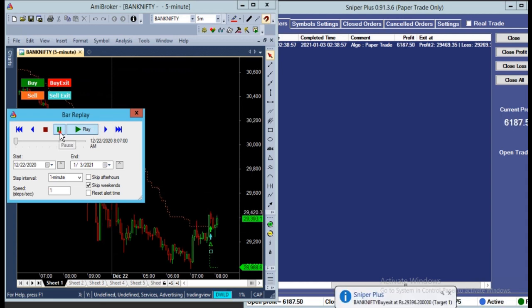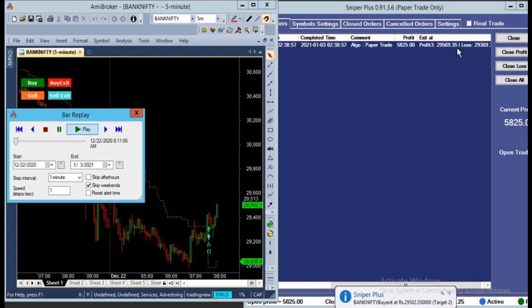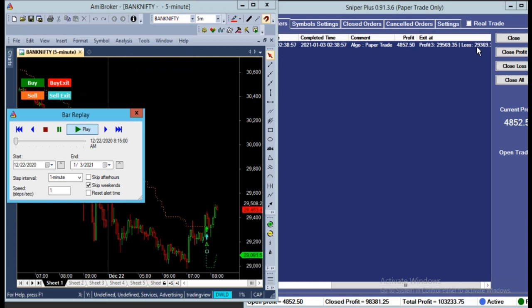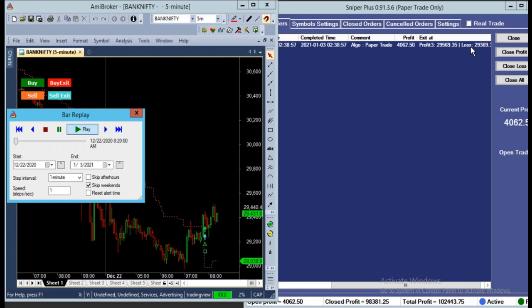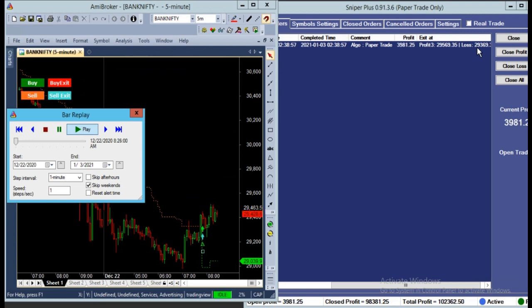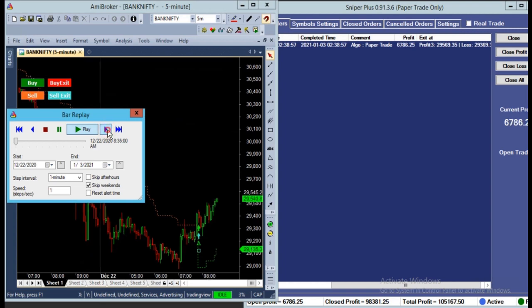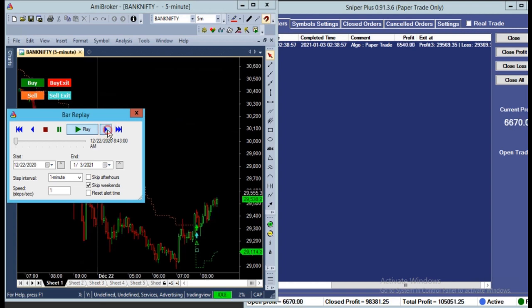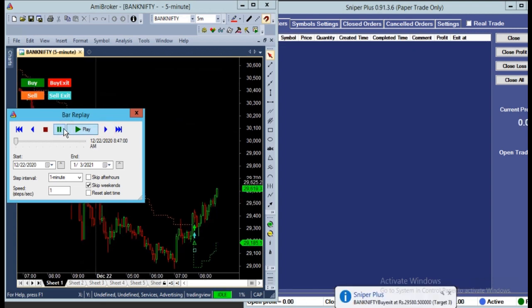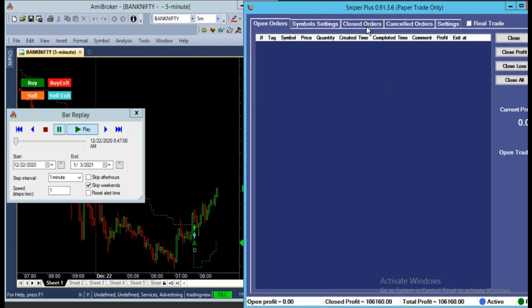Now target 1 is achieved, so the stop loss is now cost to cost. Now target 2 is achieved. Now the stop loss is checking for target 3. It is moving. Yes, now target 3 got achieved. All 3 targets are achieved now.